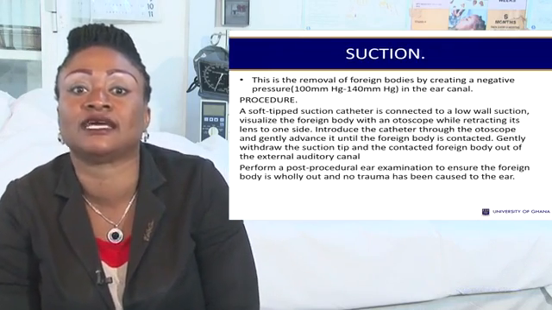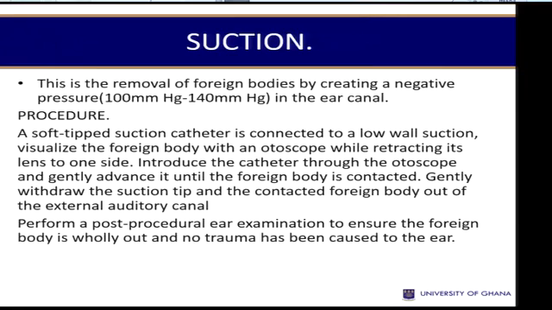Suctioning is the removal of the foreign body by creating a negative pressure in the ear canal, and a soft tip suction catheter is used. This is connected to a low wall suction.